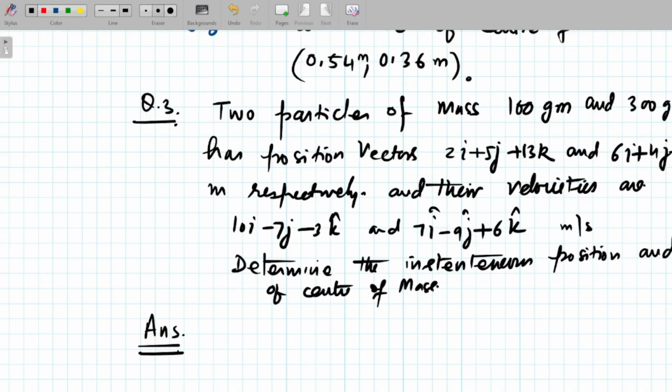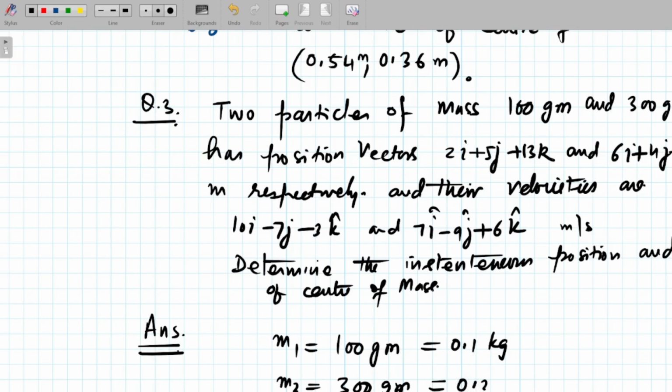Always, if you really want to crack your question, you must write down the data. So write down your M1 and M2. What is your M1? So 100 gram, convert into what? kg, 0.1 kilogram. Similarly 300 gram is what is the second? So 0.3 kg.